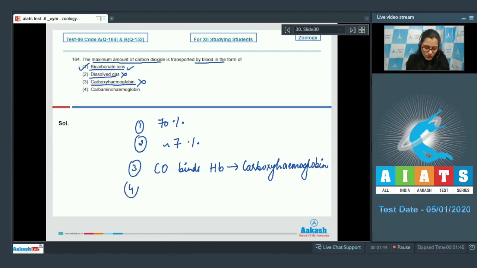And the last option is carbaminohemoglobin, and this is also an incorrect option because nearly 20 to 25% of carbon dioxide is transported in the form of carbaminohemoglobin, but still maximum amount of CO2 is transported in the form of bicarbonate ions. So the correct answer is option number 1. Let's move on to the next question.